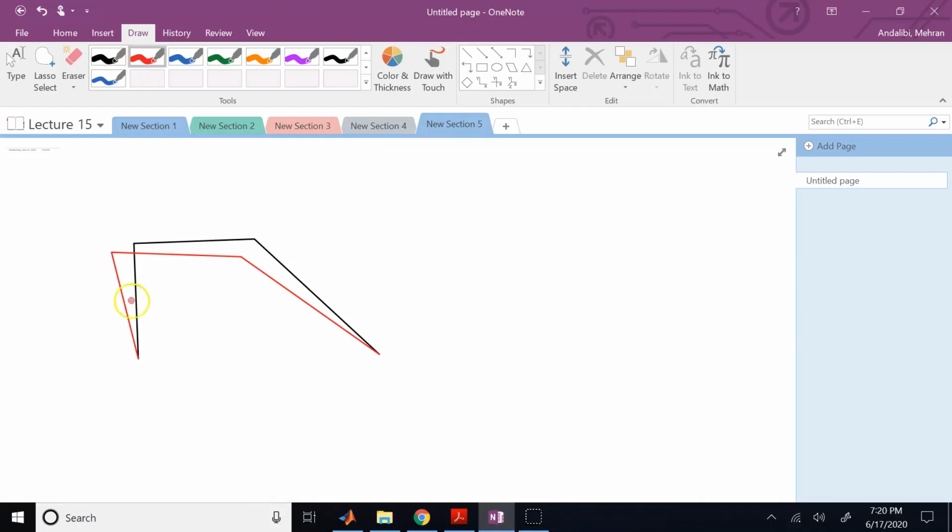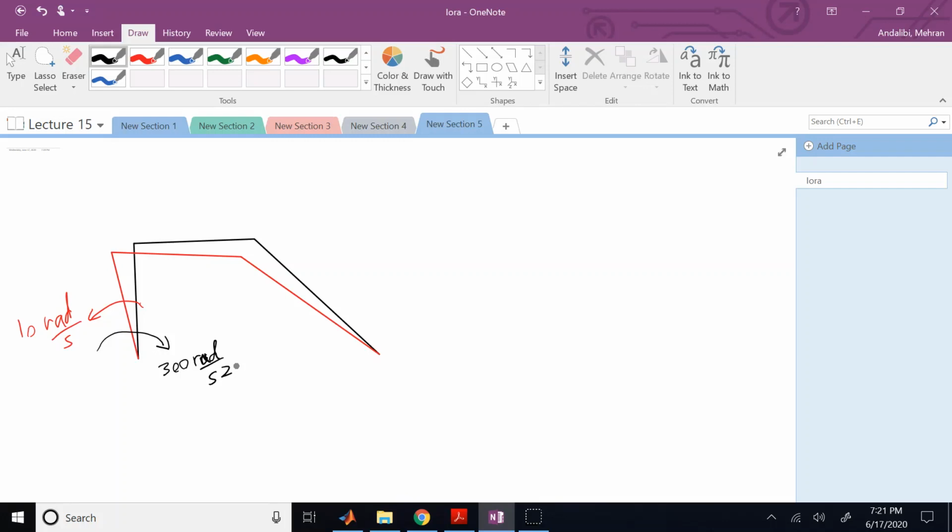So you can still say that the red one is going with 10 radians per second omega and 300 of alpha. First, can you say that? The question is, can you say that? The answer is no, you cannot.